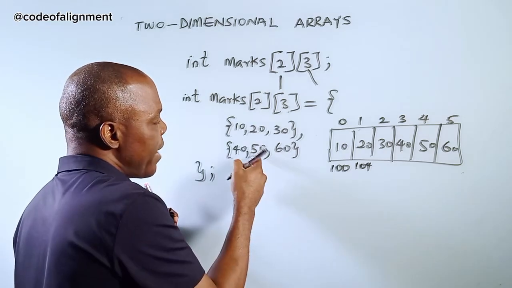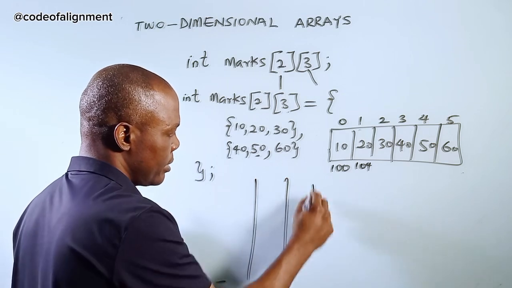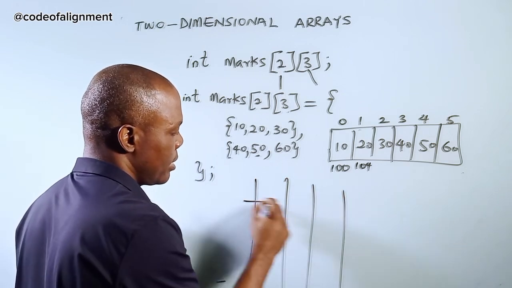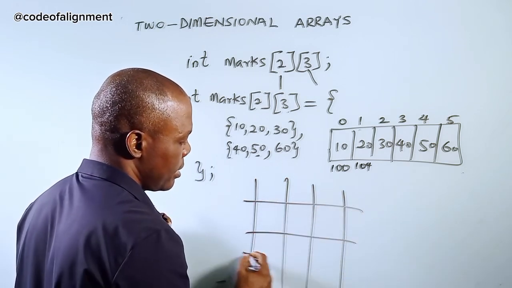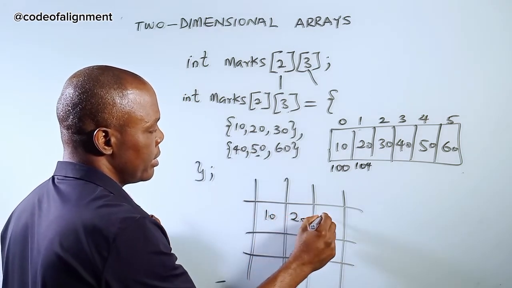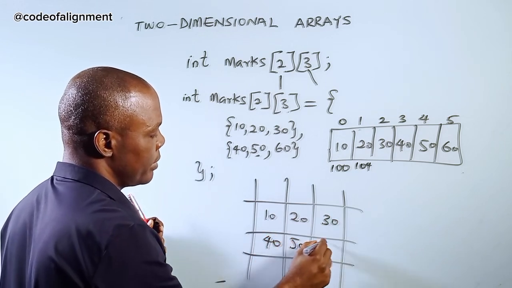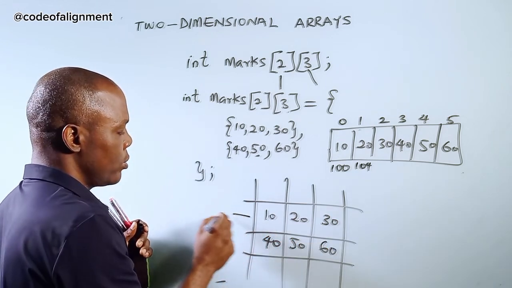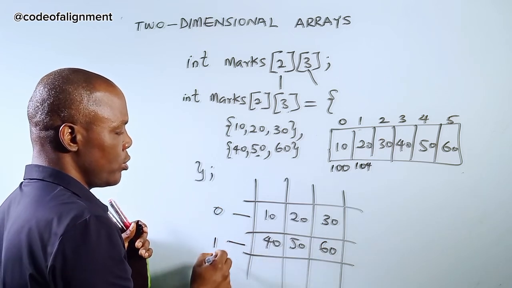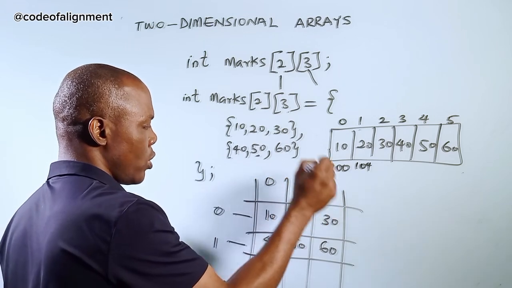Now, let's find this 50. Let's say we have this. Right? So we're having 10, 20, 30, 40, 50, and then 60. So this is row 0, and this is row 1. And this is column 0, column 1, column 2.